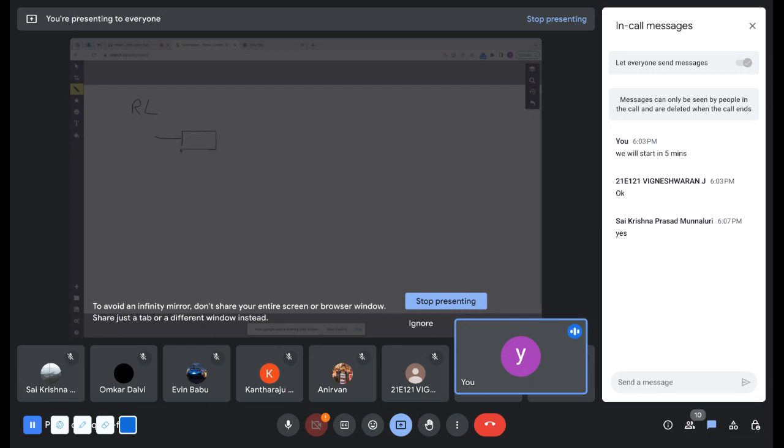Okay, the typical setup you see in RL is this very popular diagram. You might have seen this in the course as well. There is an agent that is supposed to take actions, and there is an environment.